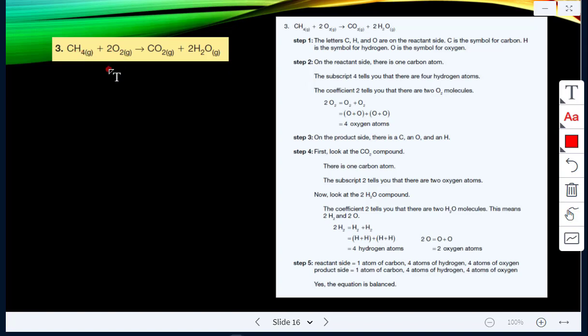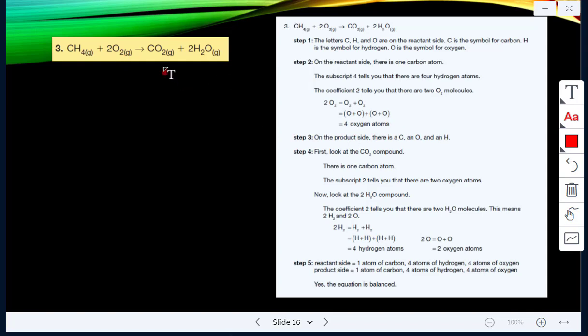All right, so those are the elements. Now we have to count our atoms. So on the reactant side, there is 1 carbon. There's no subscript, so there's 1 carbon. And the H has a subscript of 4, so there are 4 hydrogens. And oxygens, it's 2 times the 2, so there are 4 oxygen atoms on the reactant side.